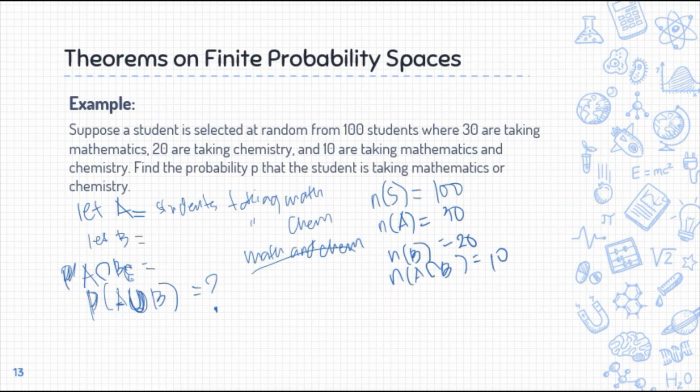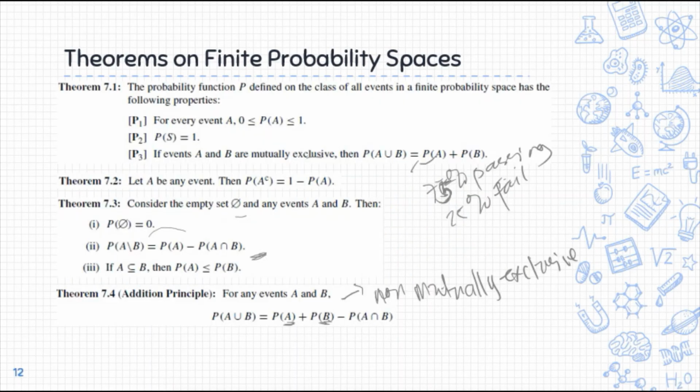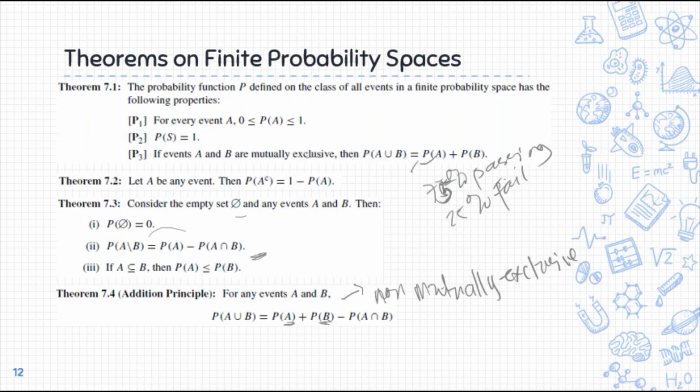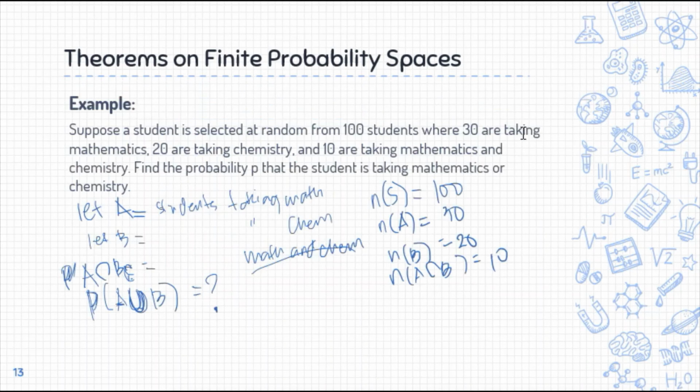Going back to our theorem from earlier, let us find out if this is mutually exclusive or not. Mutually exclusive events are those that could not happen at the same time, and non-mutually exclusive events are those that could happen at the same time. As you can see here, these events could happen at the same time because a student can take math and can also take chemistry.